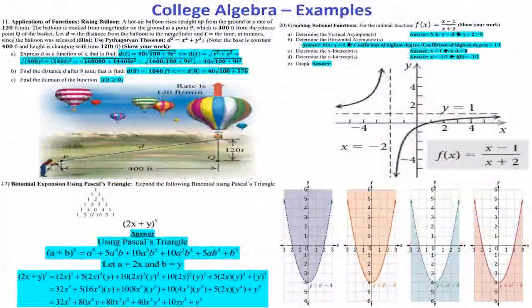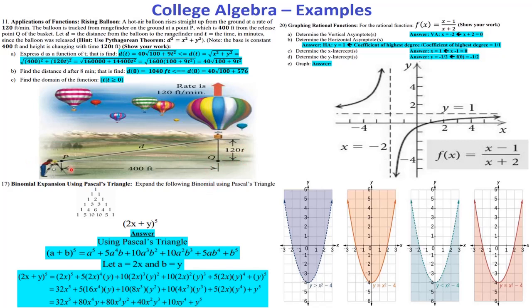Here I also have some examples of college algebra. This example is a rising balloon. You are standing here watching a balloon rise, and it is rising at 120t, where t is time.